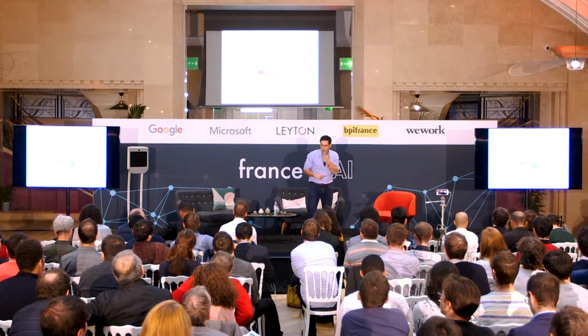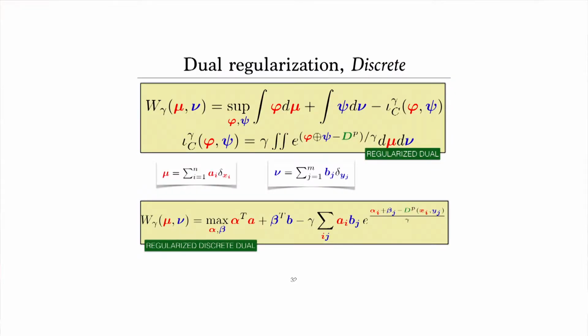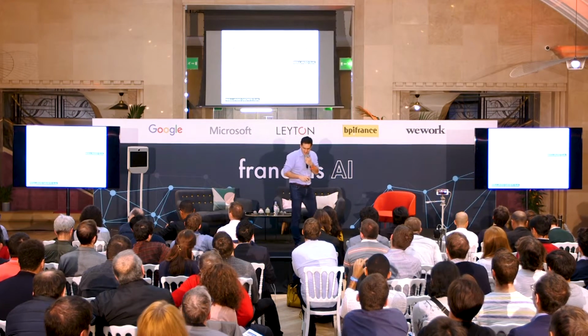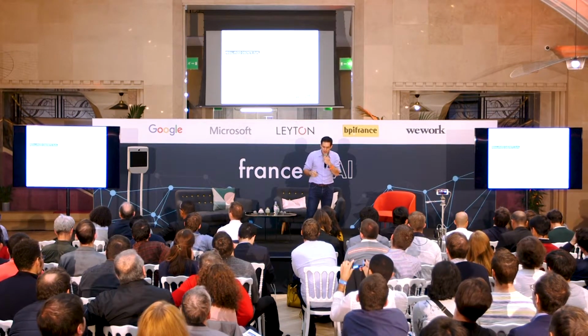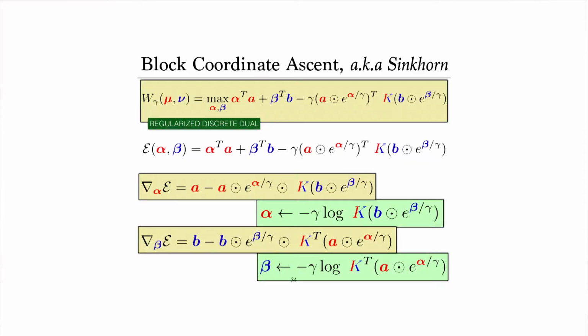I have prepared a few slides here, but I think no human could understand them in less than 30 seconds if you were shown them for the first time. So I'm going to skip them and just tell you that there is a very nice algorithm that we can use to approximate this optimal transport quantity, this Wasserstein distance.